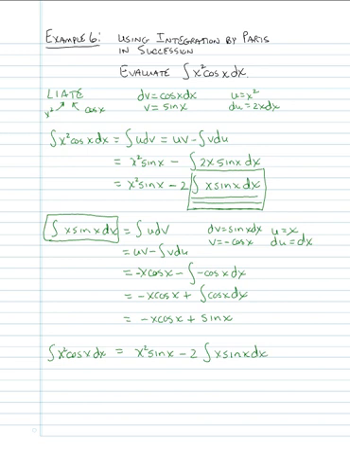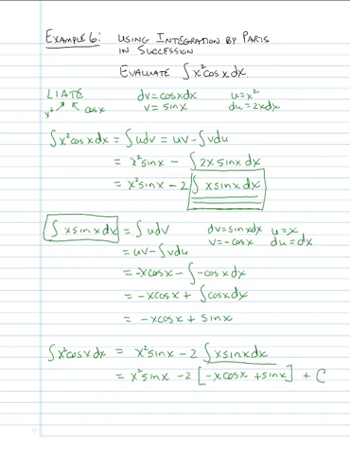We just determined the value of that. So let's put its value in. So we have x squared sine of x minus 2 times the result of that integral, which was negative x cosine x plus sine x. And of course, we finally have our constant of integration.